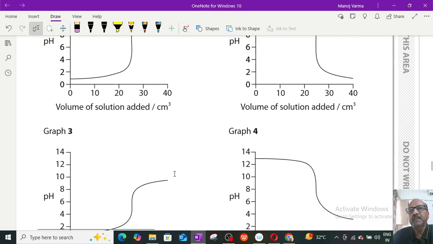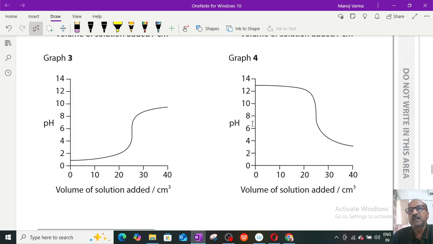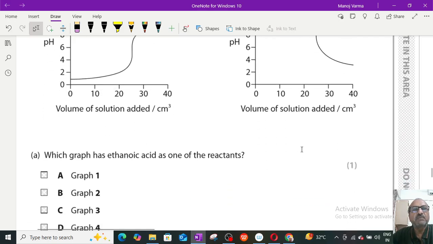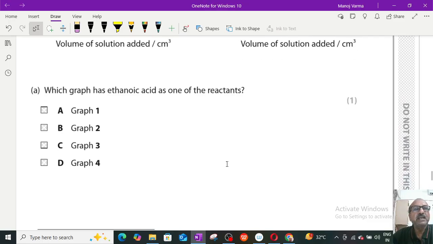So if you look at it, you see here the ending pH is showing the presence of a weak acid, which means that this is the correct graph where you have taken the base in the flask, therefore the starting pH is 13, but because you have taken the weak acid, that is ethanoic acid, in the burette, the ending pH indicates the presence of a weak acid. So graph 4, that is D, is the correct answer.